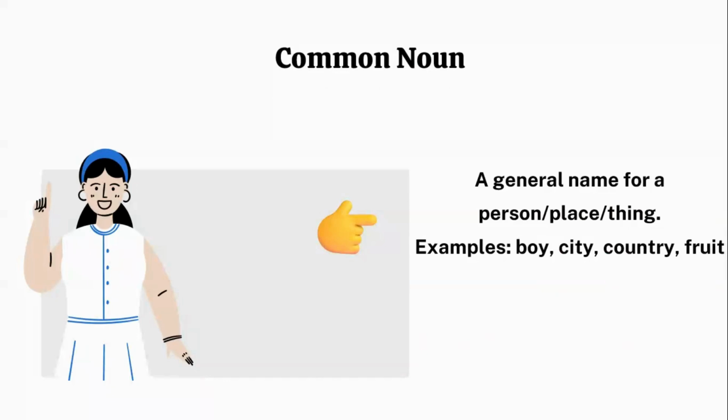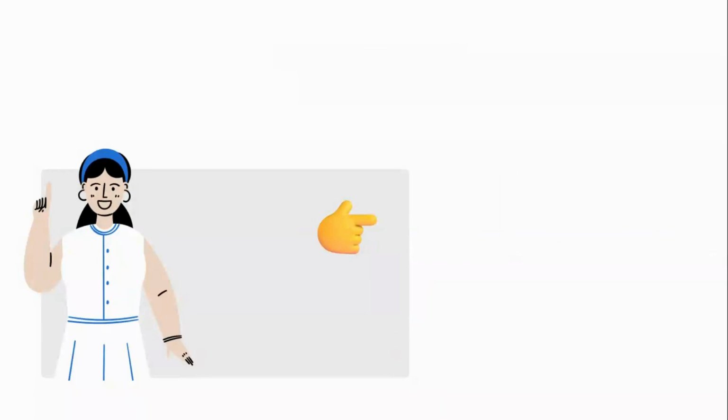Then city. It's a place, and the name of the place is city. Country, it's also a place and the name is country. Fruit, okay, this is a fruit, that is also a thing. So a general name for a person, place and thing is a common noun. Now it is clear to you all. So now move to the next slide.